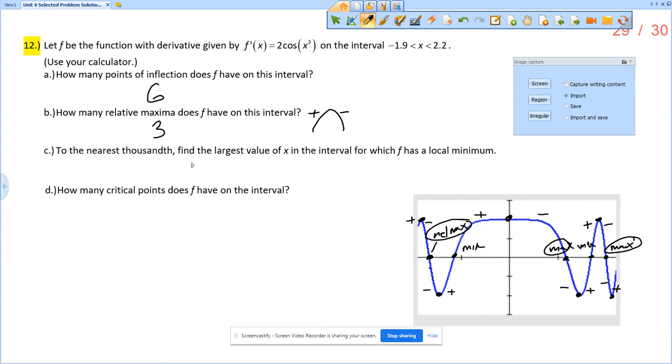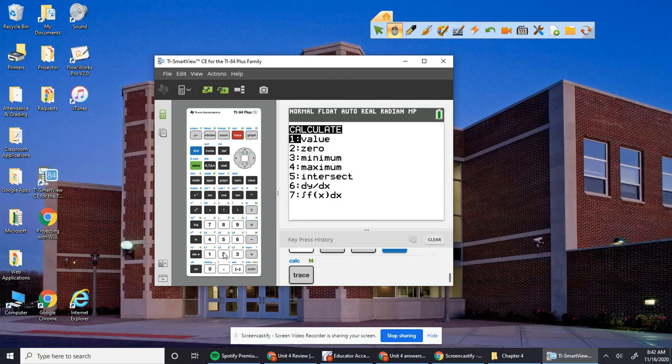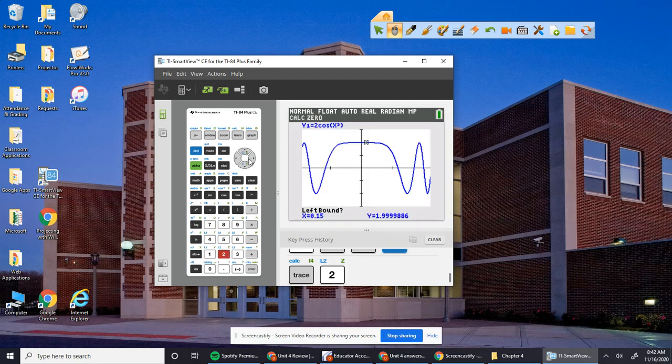Now, to the nearest thousandth, find the largest x value in the interval for which f has a local minimum. We just talked about local minimum here and here. Now I want to find that x value, so I need to go back to my calculator and find the x value of the relative minimum, where the derivative graph changes from negative to positive. So I do second trace and use the zero function.